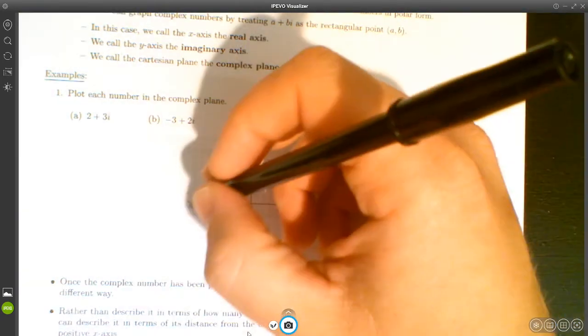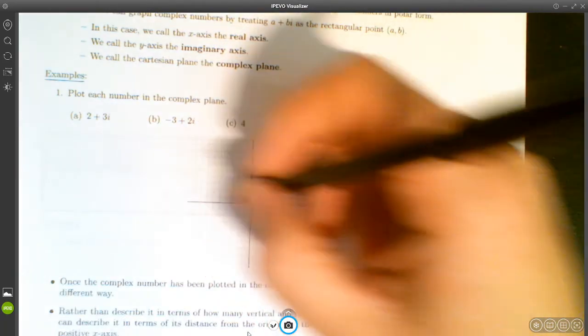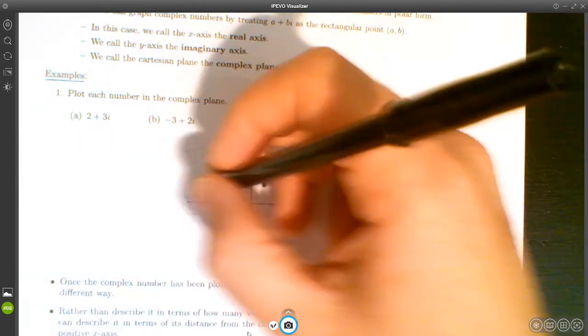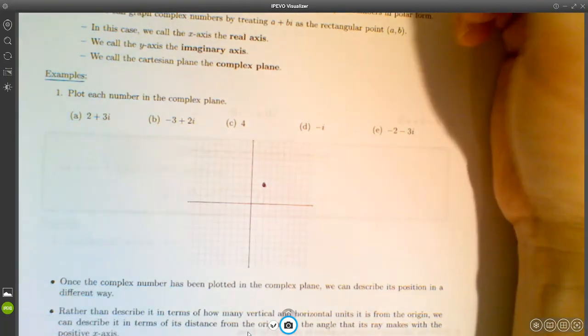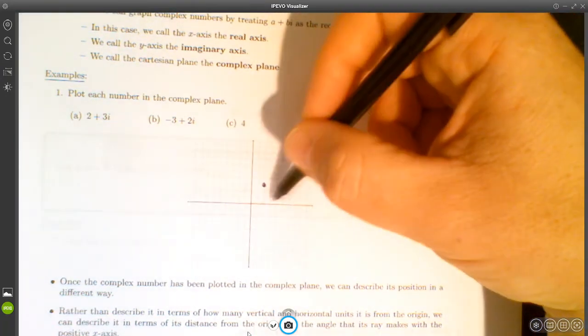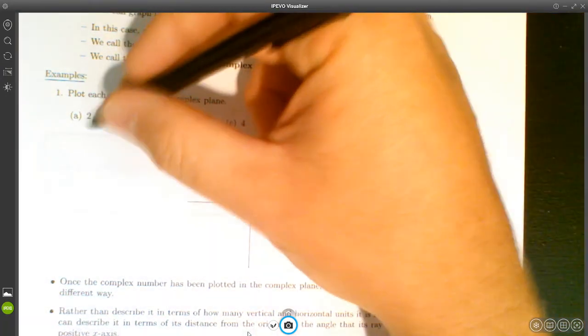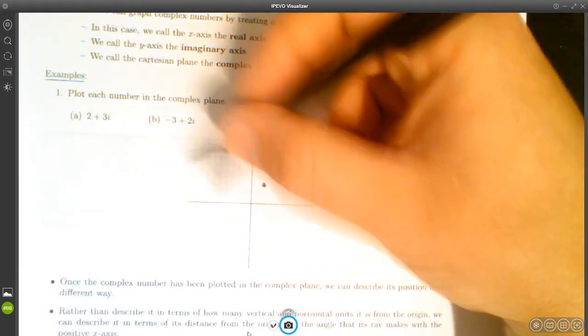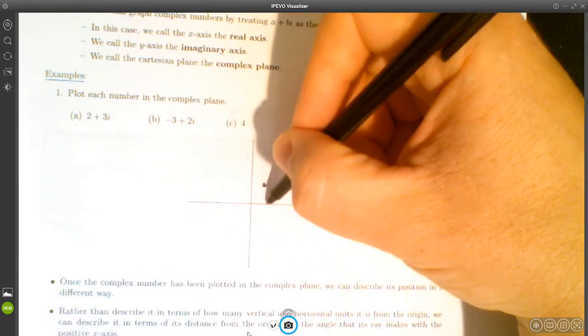So all of the real numbers fall on this number line here, right? The x-axis is like the real number line. It's the real axis. But complex numbers are not on the real number line because they're not real, right? But they do have real parts. So 2 plus 3i corresponds to the point (2, 3).